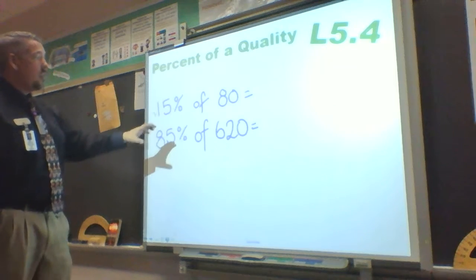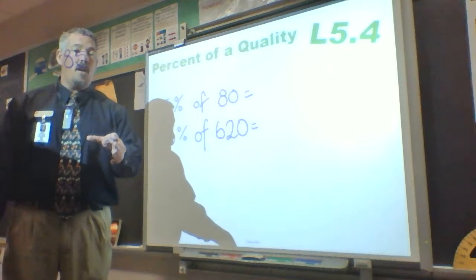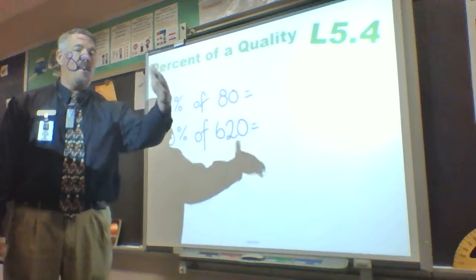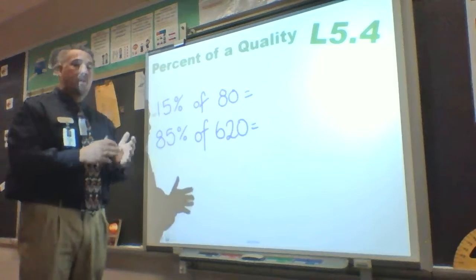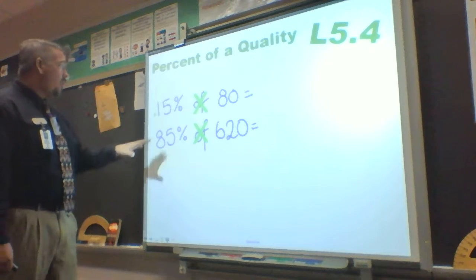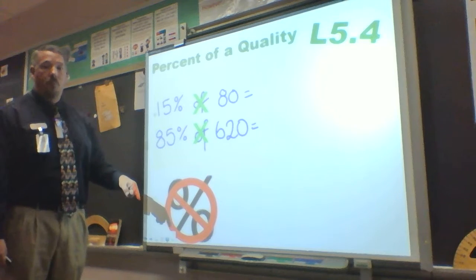But understanding that once again, when we say of in a math problem, 95% of the time, there are those few that are tricky, and they do try to trick you by putting it in a different place. But 95% of the time when we use of with a number, we're asking you to multiply. And once again, when we're looking at this, we're talking about percents, and I can't use a percent in a math problem.